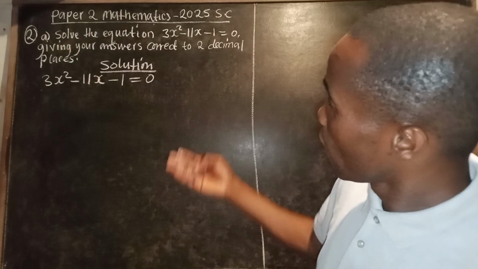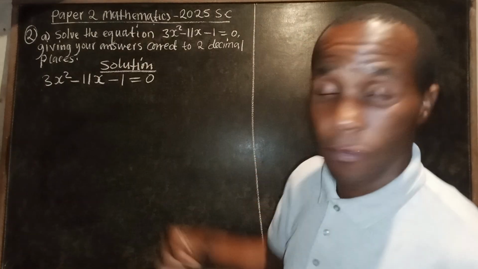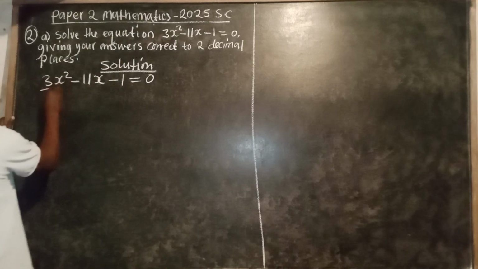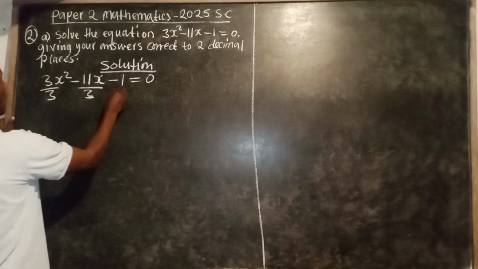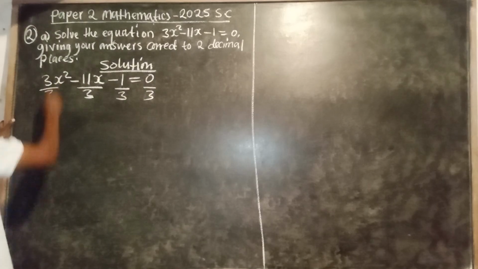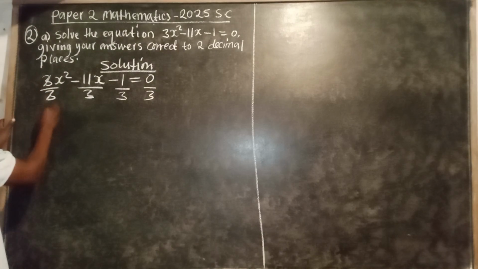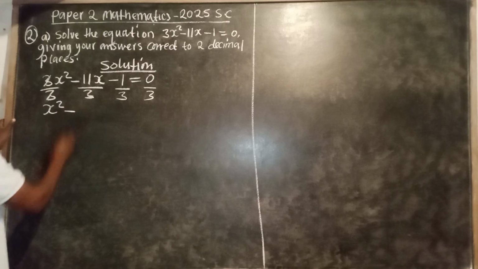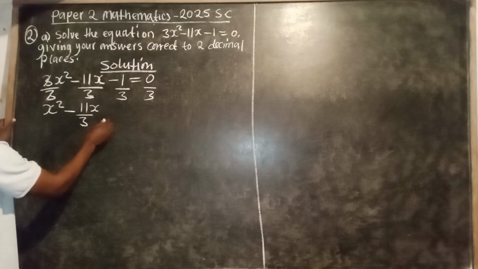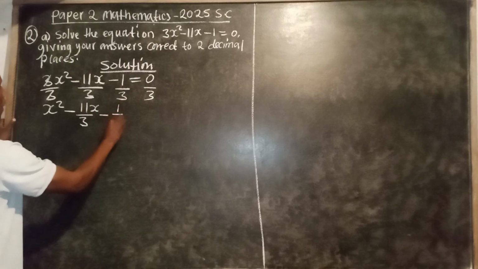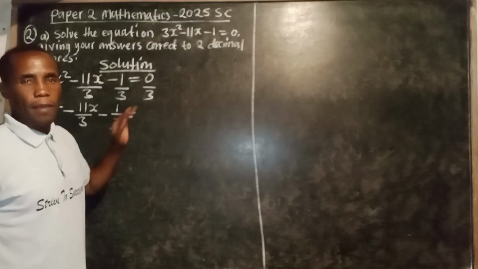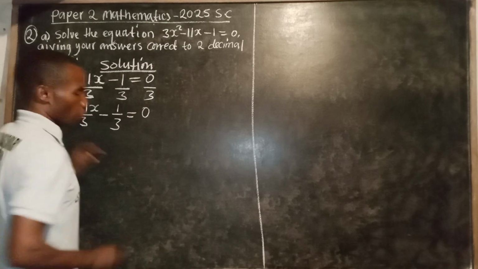What do I mean by throughout? The same 3 is used for every term: over 3 here, over 3 here, over 3 here, and over 3 here. Then 3 into 3, we have x squared, then minus 11 over 3 x, then minus 1 over 3 equals 0, since 0 divided by 3 is 0.